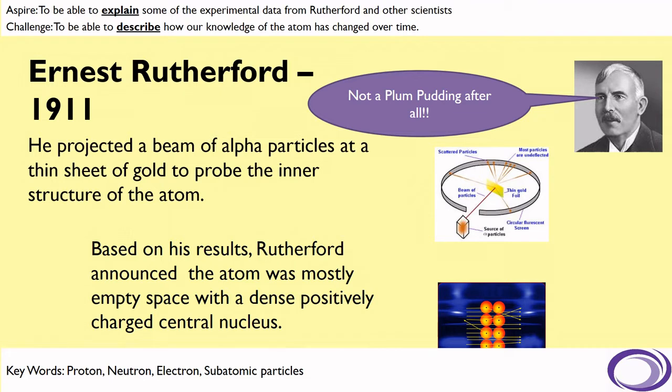But based on the results that he gained, he announced that the atom was mostly empty space. And what he found in the centre was a dense, positively charged piece of mass where the majority of the mass of the atom was concentrated. And he termed that the nucleus.